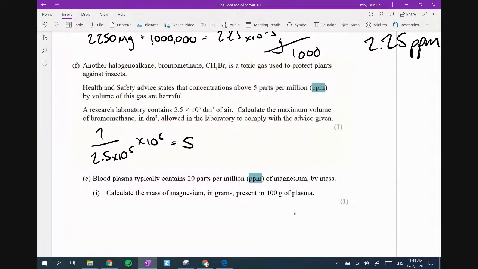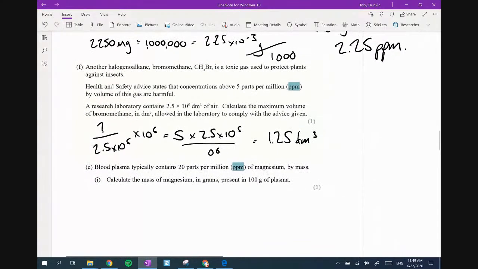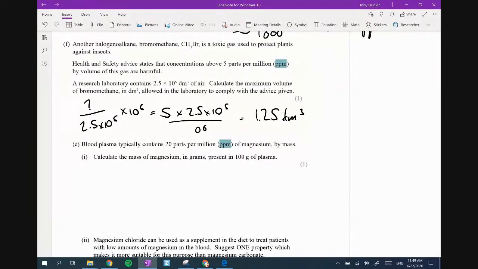So first thing I need to do is the divide first. 5 multiplied by 2.5 exponential 5 divided by 1 exponential 6, and I get 1.25 dm cubed. Isn't that fascinating? It seems like an awfully large amount. 1 liter, no, it's only actually a small thing, isn't it? It's not a lot, and that's a big laboratory.